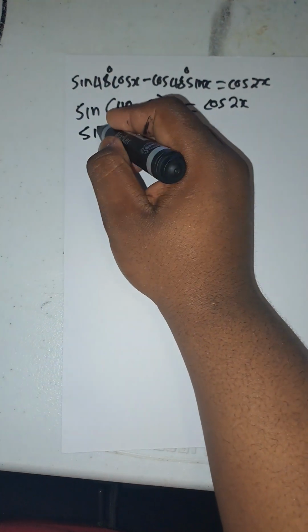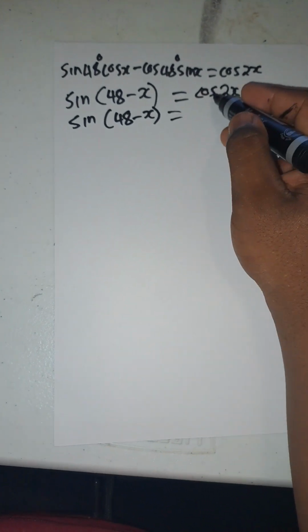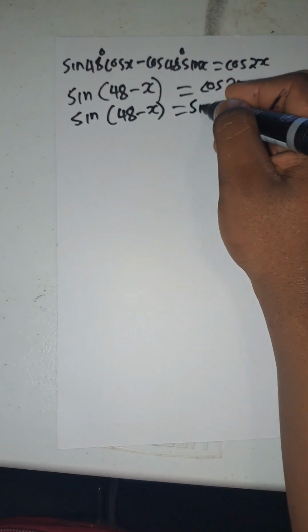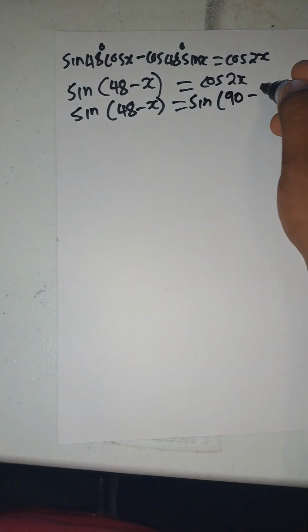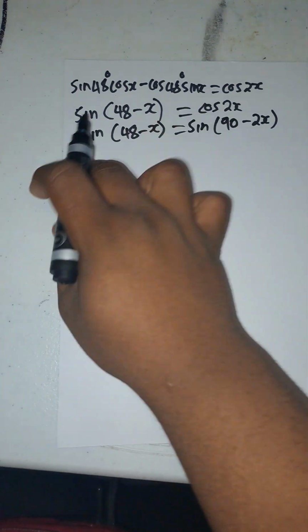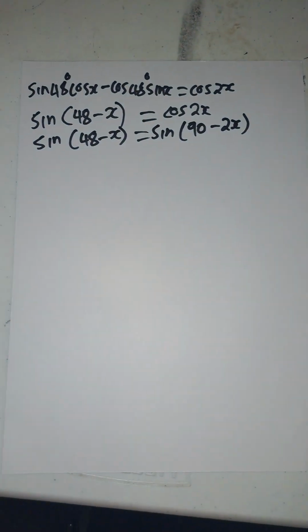Now when it is general solution, these types of questions, check something. Cos 2x can be written as sine(90 minus 2x). We want to make these ones the same trigonometric ratios. So that's how we deal with these types of questions.